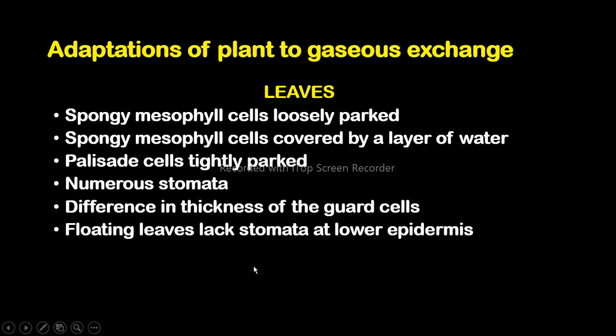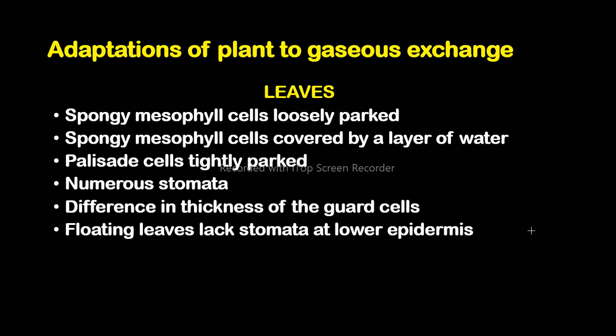Then, floating leaves lack stomata on the lower epidermis. What does that mean? These are leaves that are on water. This is your water body and you have your leaf on top of it. So you don't need to have stomata down here, because no air is going to enter from here; the lower epidermis is covered with water.